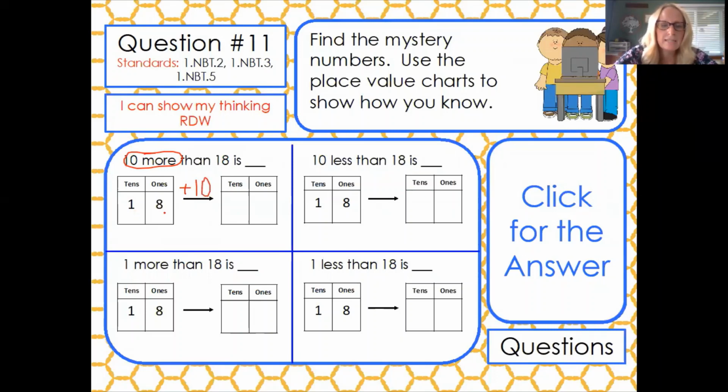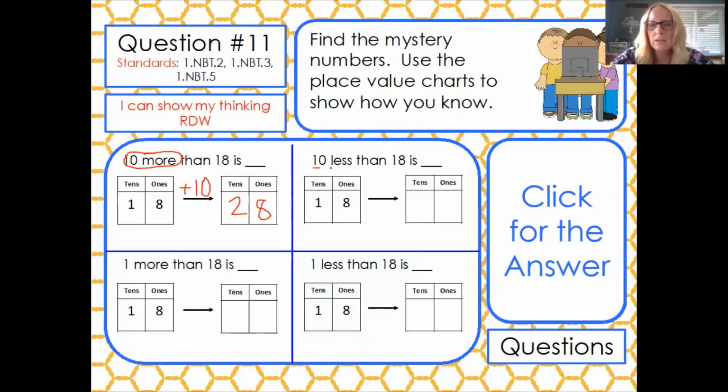Now my number 18 is already here for me. So if I'm only adding 10, I want to pay attention to the tens place. If I have one group of 10 and I add another group, now I have 2 tens. The 8 doesn't change. I didn't touch the ones place, so it's going to come right back over, and 10 more than 18 would be 28.